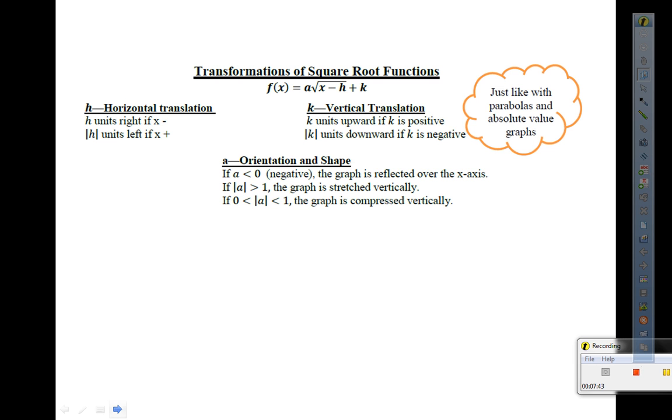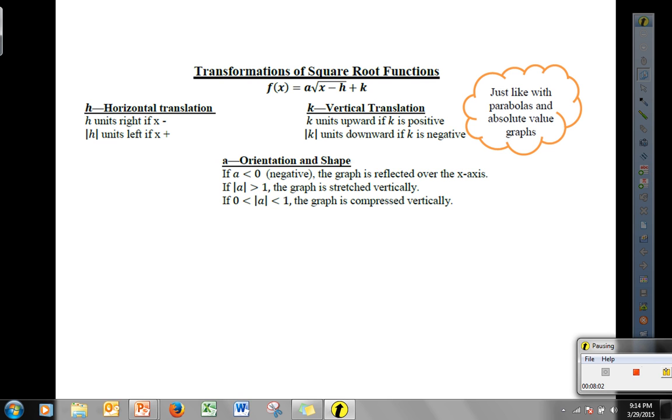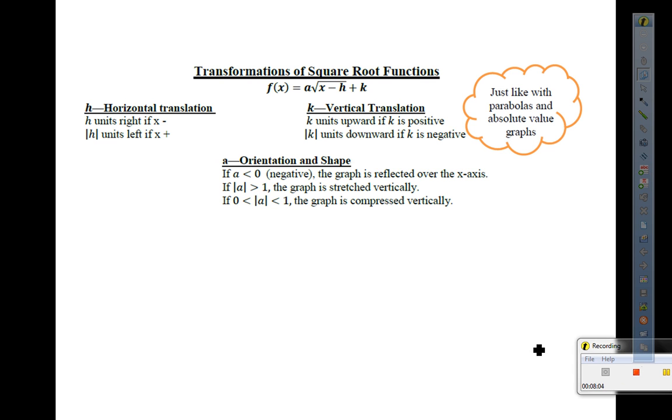Okay? So if you will, flip over or look down at that next. This is the stuff that I talked to you about, the parabolas. If it's underneath the radical, it's going to move it left or right, and it's opposite of what you think.